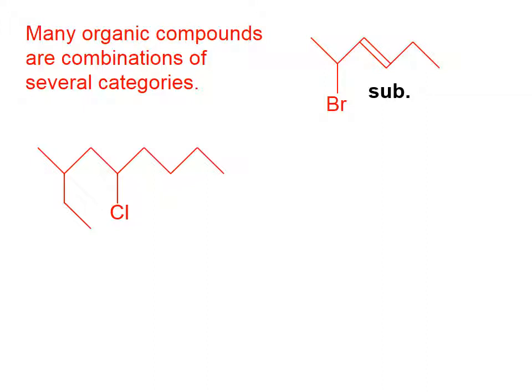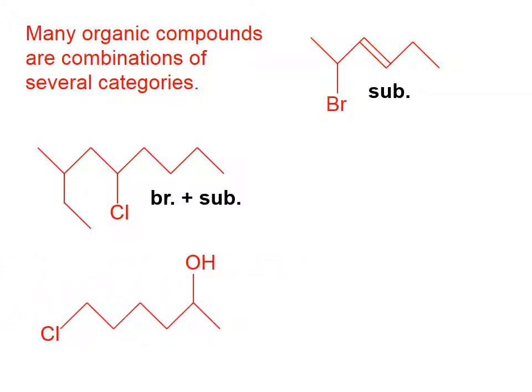This molecule is an alkane because it has only single bonds. It's substituted because we have a chlorine atom there, where normally we would think of a hydrogen atom being there, but this is clearly substituted. And it's also branched. You can see that there's a fork right here on the left side of the molecule. That molecule is branched and it's substituted.